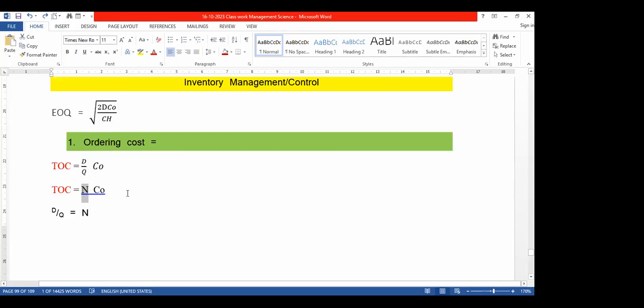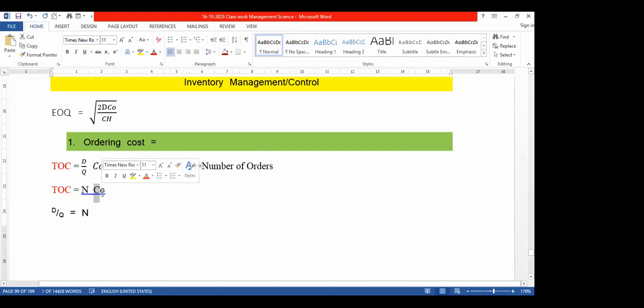So the number of orders has to be multiplied by CO, the cost per order.